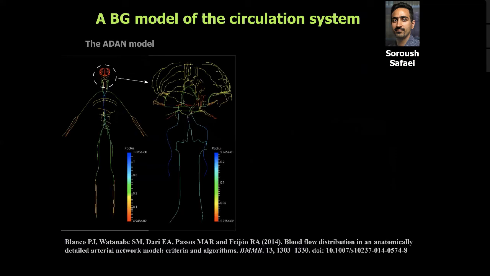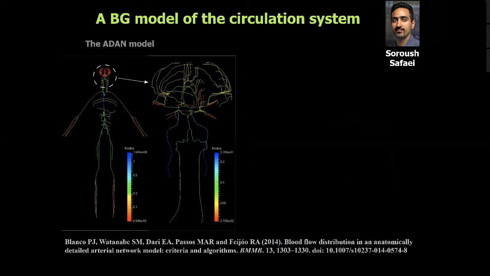And I just want to illustrate the idea that this is not just applicable to a point. A bond graph is not just applicable to a lumped parameter system at a point. We're using it now, for example, for modeling circulation. So Soroush is a postdoc at the ABI looking at whole body circulation models formulated in bond graph form.